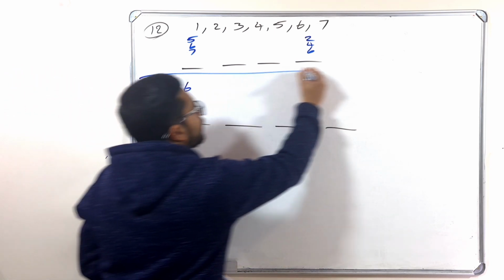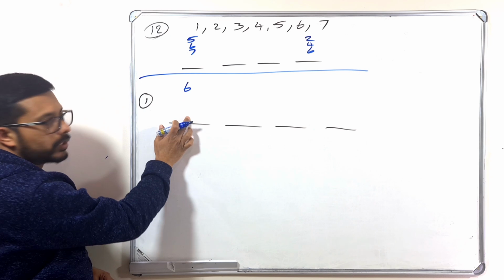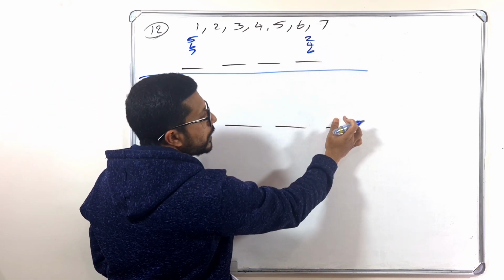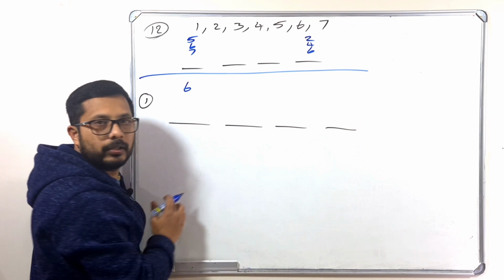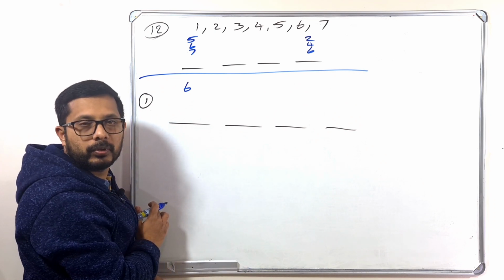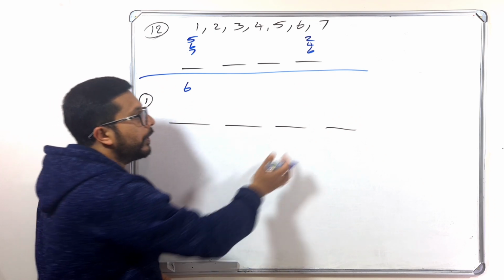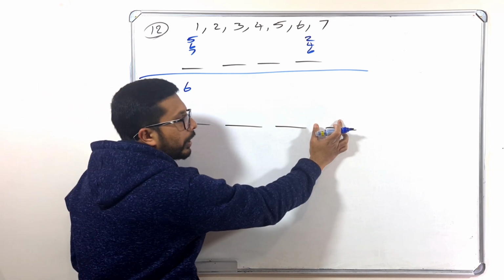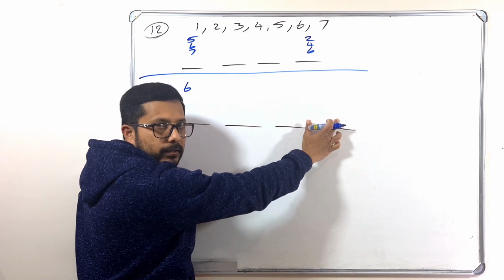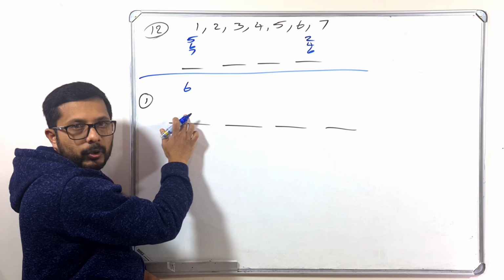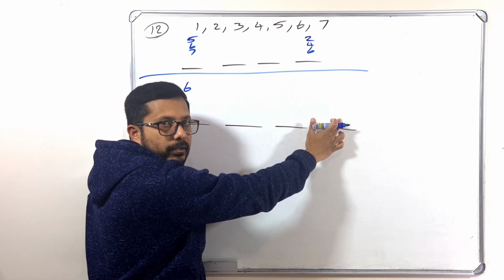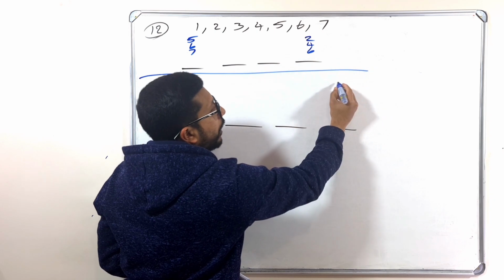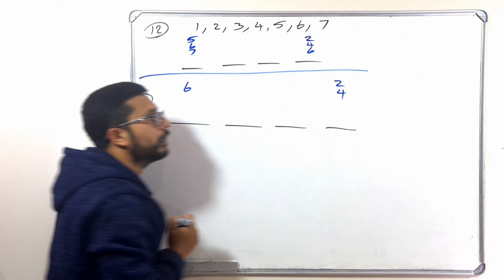First number as 6. Is it possible for me to use a 6 again here? No, I am not allowed to repeat the number. So if I use a 6 here, I am not allowed to write 6 again here. For the last number I have only 2 options.